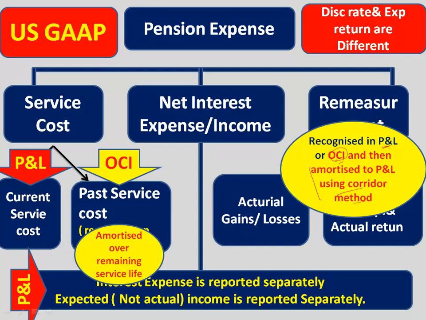So these are the guidelines which will tell you when you want to amortize it. But as far as past service cost is concerned, you don't have any such restriction. The moment it goes to your OCI, you will start amortizing it. So even though there is amortization in both the cases, with past service costs you will amortize it directly, whereas with remeasurement you would amortize it after you've met those corridor levels.